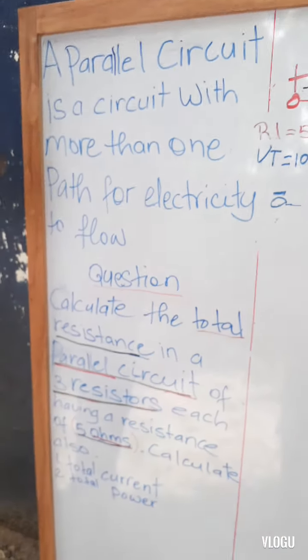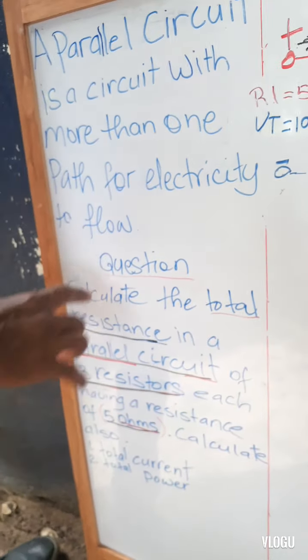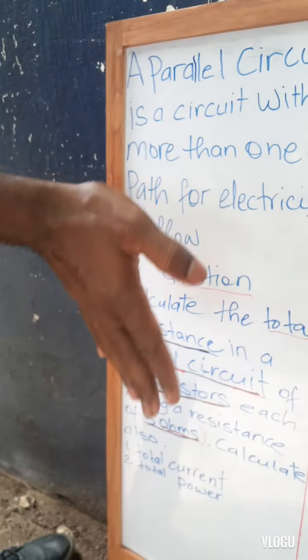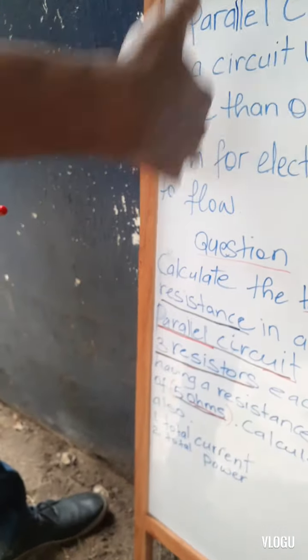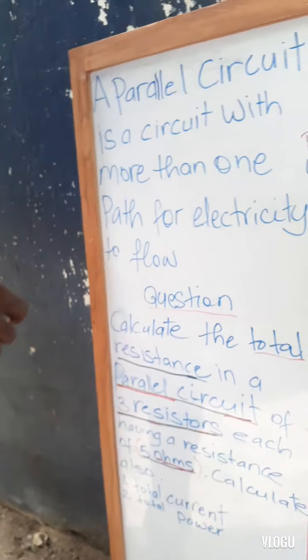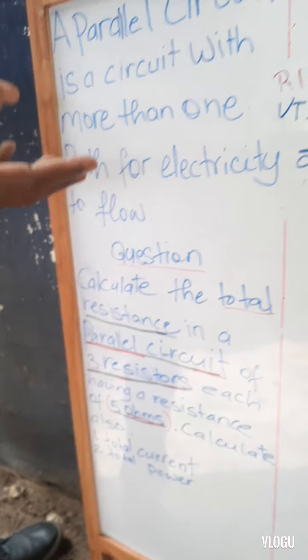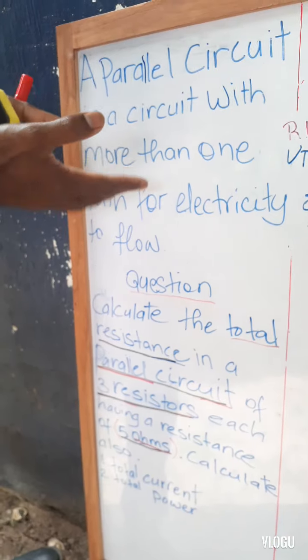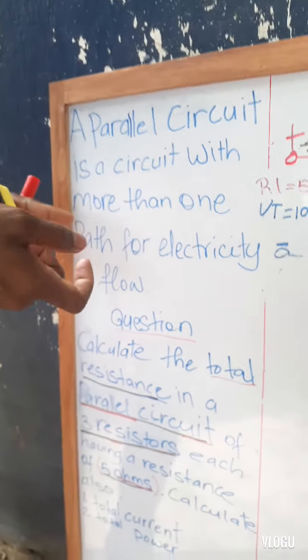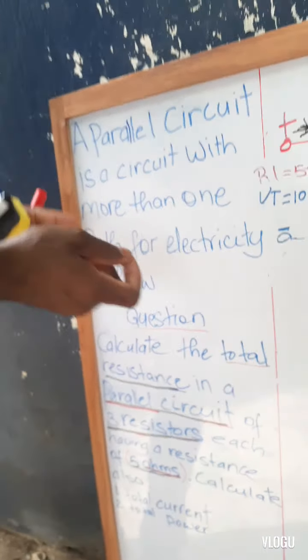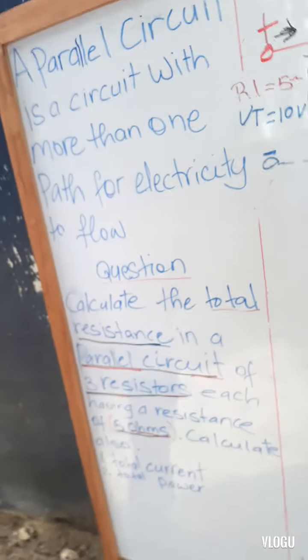That is versus a series circuit that only has one path for the electricity to flow, meaning it flows from load to load, and the loads are not connected independently. Whilst in the parallel circuit, each load is connected independently.